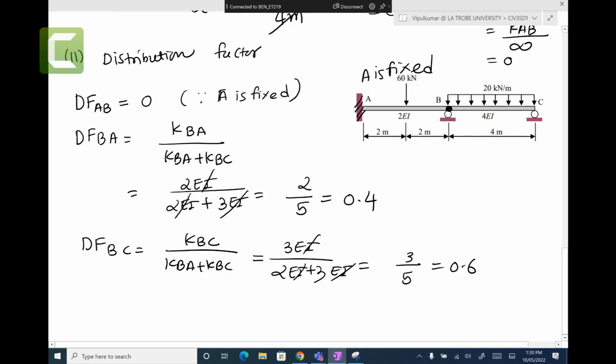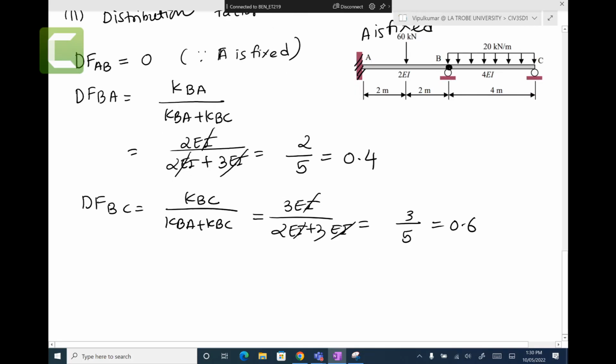I stop here and request you to check. At joint B, you have 0.4 and 0.6. At joint B, your distribution factors always add up to 1. If they do not add up, go back and check the calculation. This is your key checkup: the distribution factors must add up to 1 at that particular joint. All right.